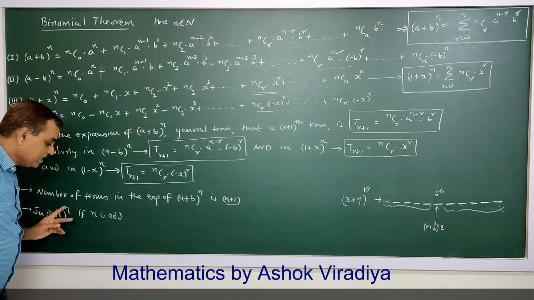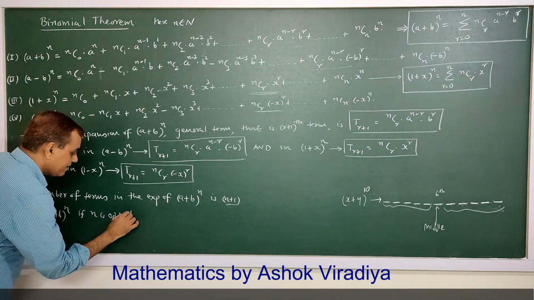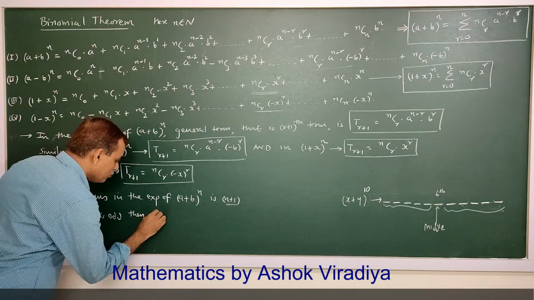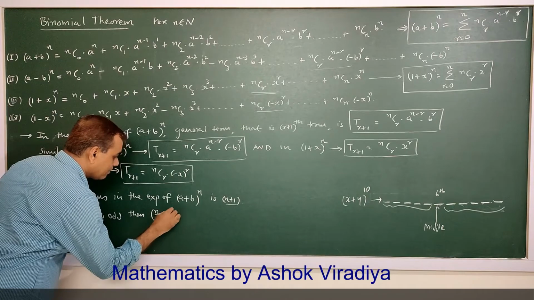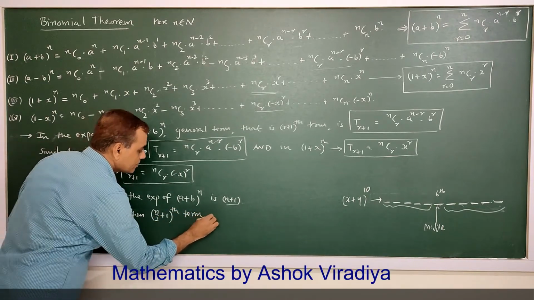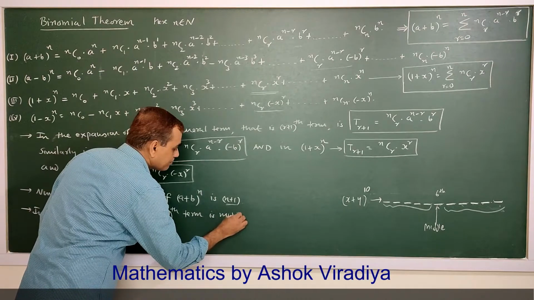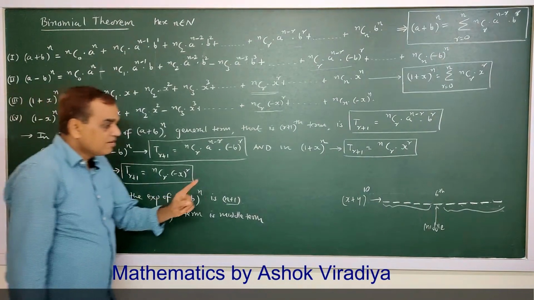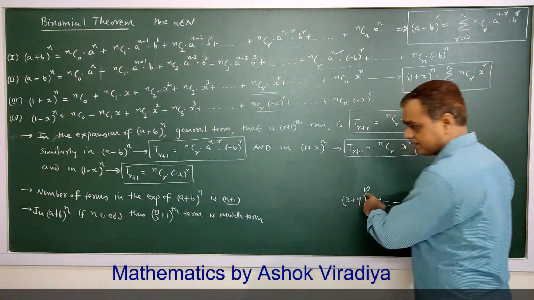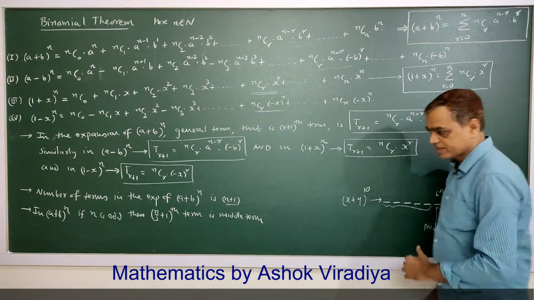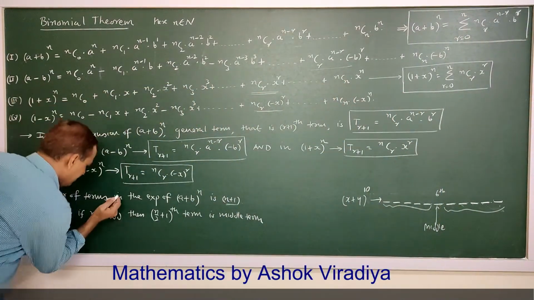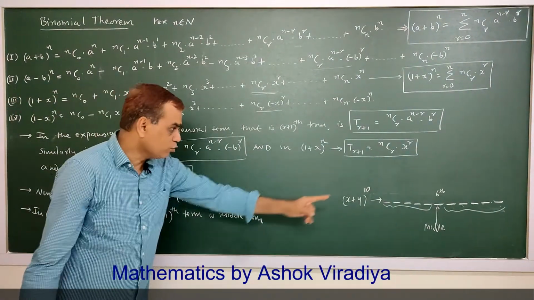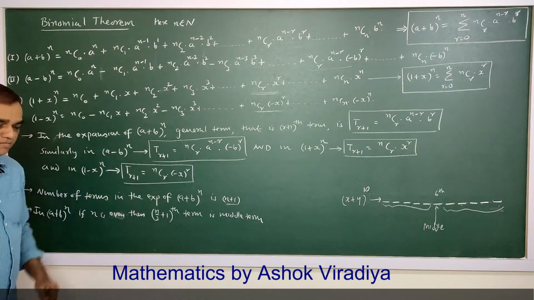So if n is even, then the n by 2 plus 1th term is the middle term. Sorry, I made a mistake earlier: it is when n is even that the n by 2 plus 1th term is the middle term.